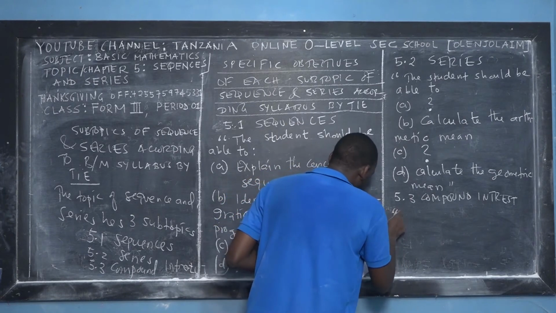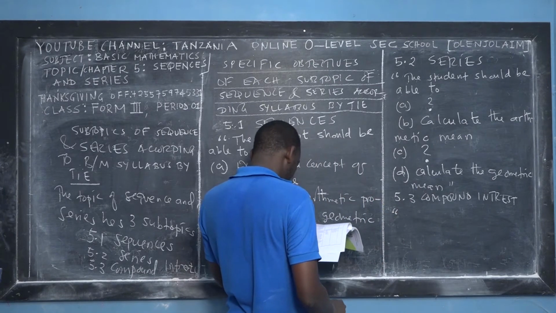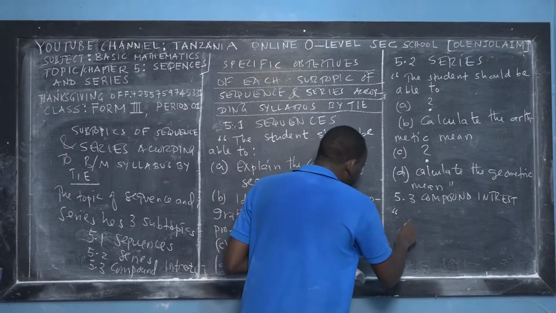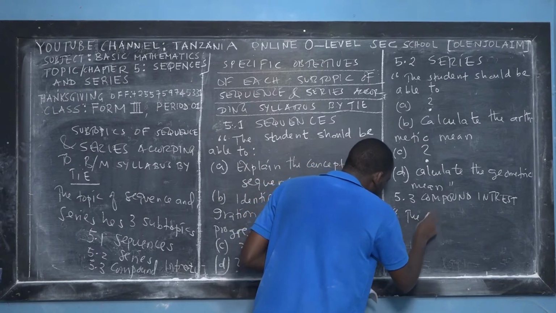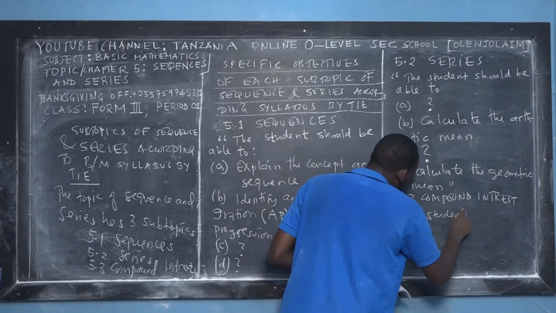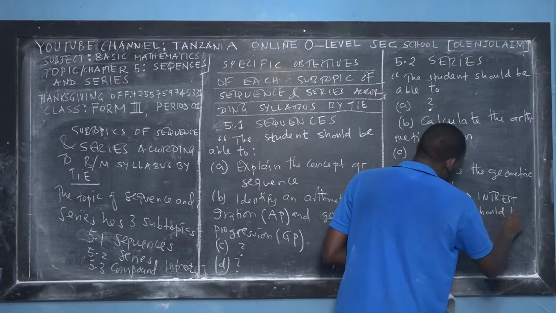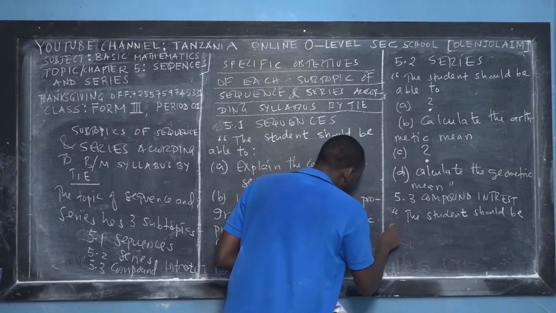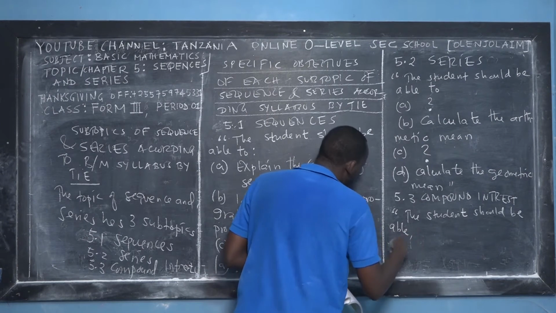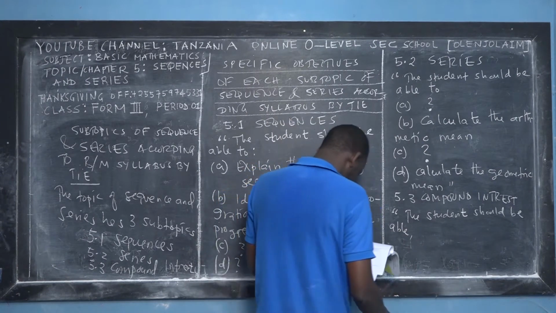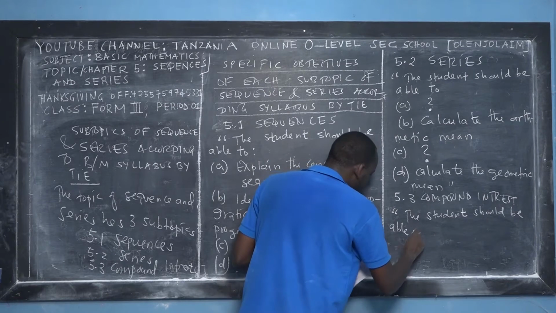The student should be able to, the Form Three or Form Four student should be able to calculate compound interest.